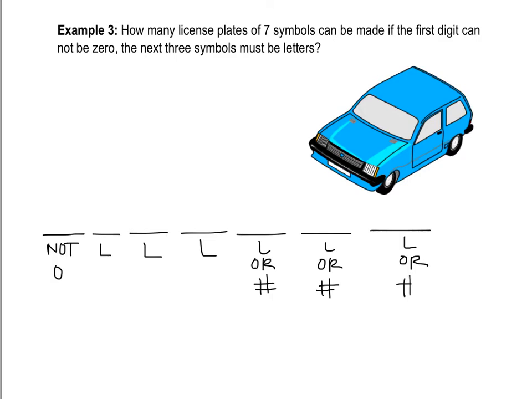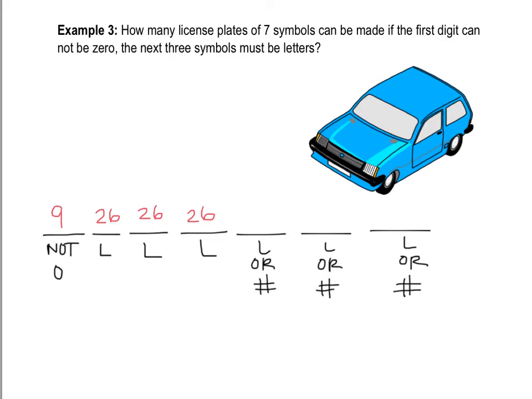So now we just have to think about the number of possibilities there, and then we can multiply them all together. Okay, so the first one is a digit that's not 0. So it's either 1, 2, 3, 4, 5, 6, 7, 8, or 9. So in that case, there's 9 options. Now for our letters, we just think of all the letters in the alphabet, and there's 26 letters in the alphabet, so each of these has the option of 26 letters.